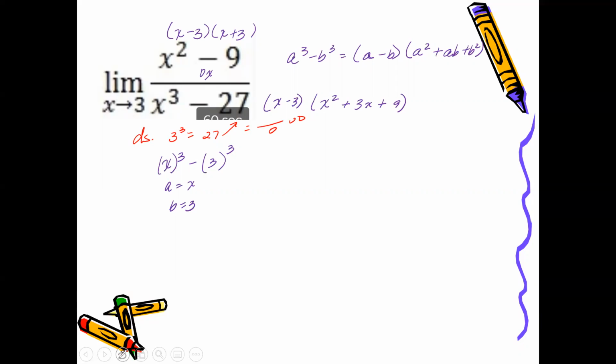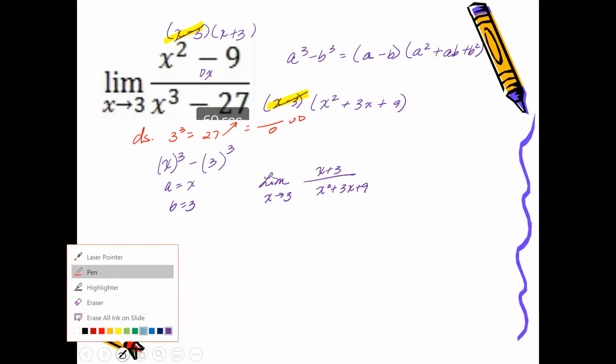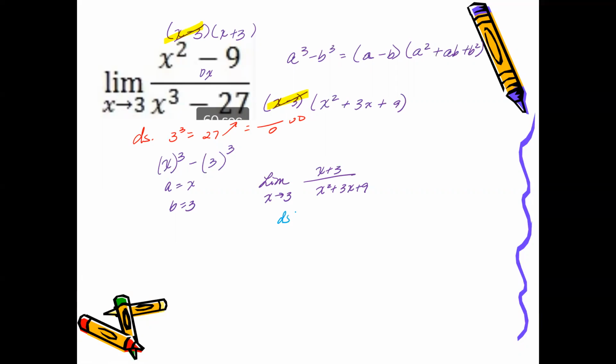If I look directly from my numerator and denominator, I can see that I have x minus 3 that I can go ahead and cancel, which will leave me with a limit as x approaches 3 with an x plus 3 in the numerator and x squared plus 3x plus 9. Now at this point, you can use direct substitution and not result in undefined.